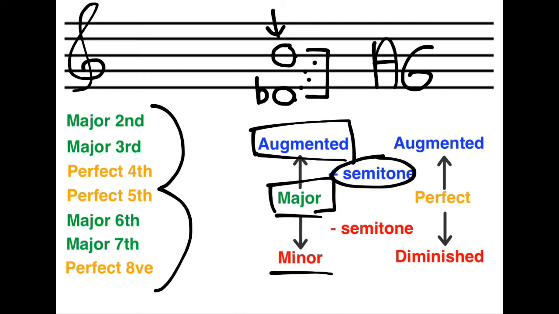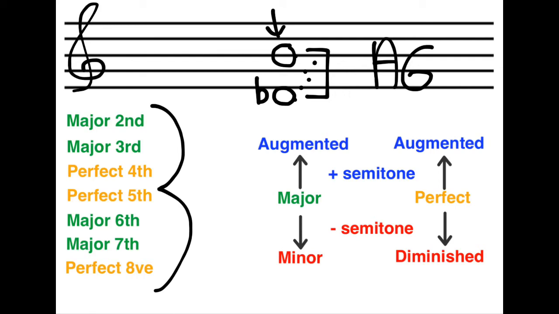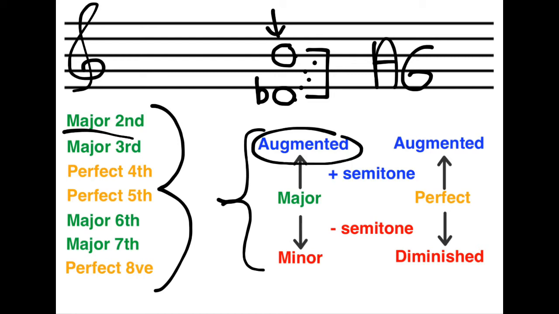Okay? If the top note is not part of the bottom note's major scale, then there's a little bit of extra work you have to do. You have to use these rules here. So if you had a major second, but you've made it a semitone larger, then it becomes an augmented second. And all major intervals, if you make them a semitone lower, become minor.